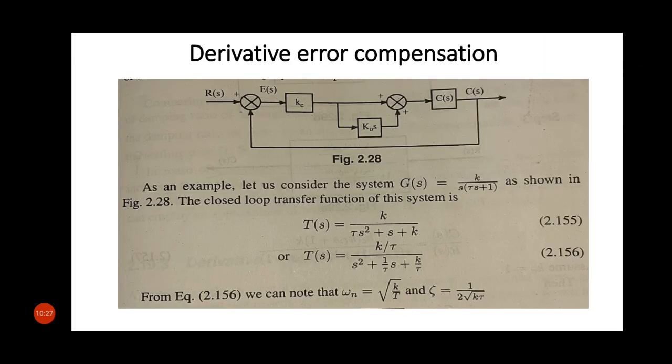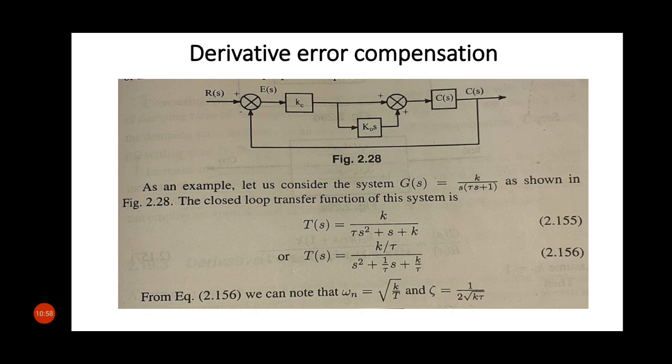Now we will discuss another compensator, that is derivative error compensation. A system is said to have derivative error compensation if the generation of its actuating signal depends on the rate of change of error signal.